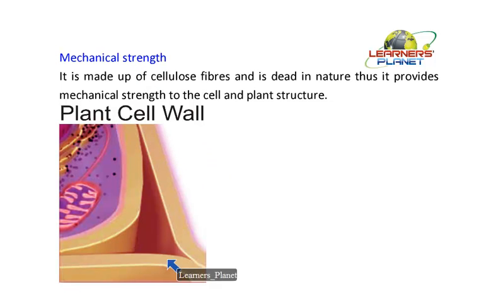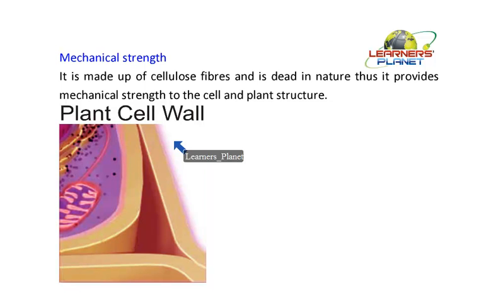Rather, it will be pushed back by the cell wall, and this is why it will appear turgid. Next, mechanical strength. This cell wall is so rigid and dead in nature. The reason is because it is made up of cellulose fibers. Cellulose forms the microfibrils, which we have already studied. So many cellulose molecules are attached to each other, forming the microfibrils.